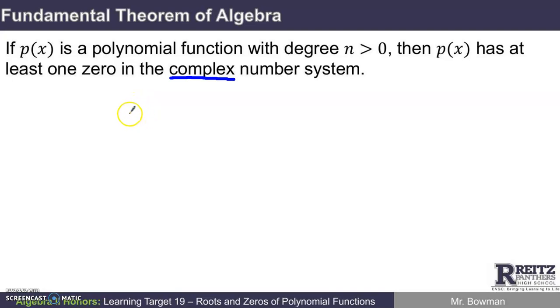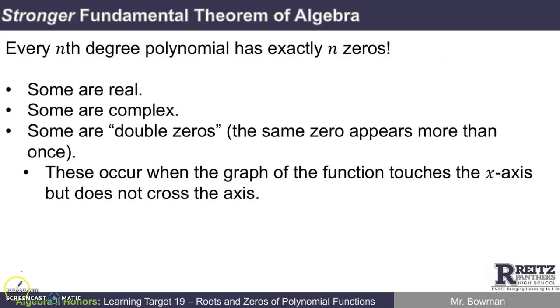We can do a little bit better than that. I'm going to show you what we will use foundationally, and I call it the stronger fundamental theorem of algebra. It's the one that we'll use. It's a formulation of this that we will use in this learning target. Simply, it states this: every nth degree polynomial has exactly n zeros.